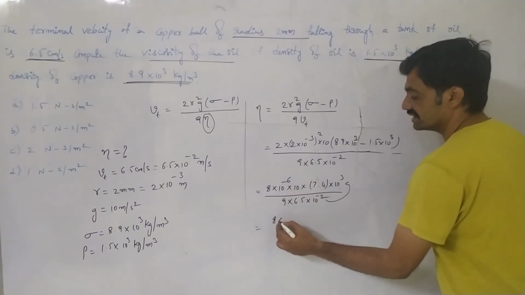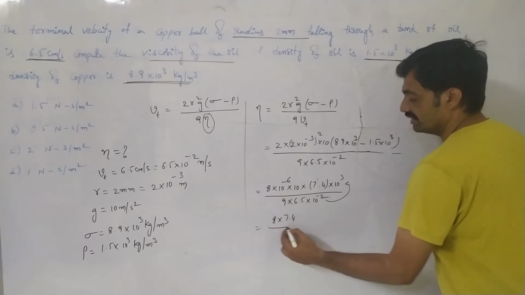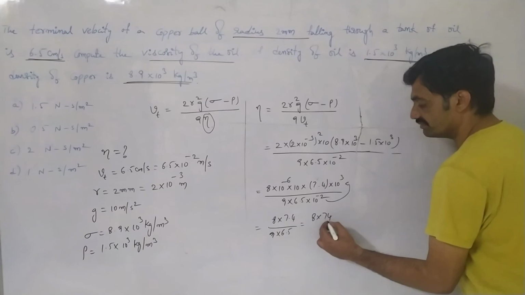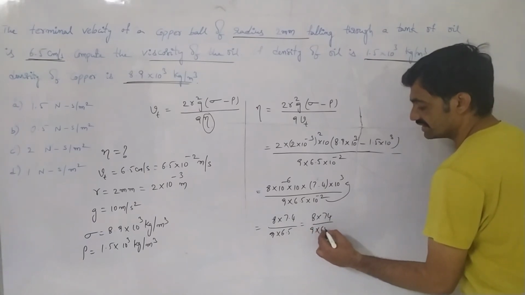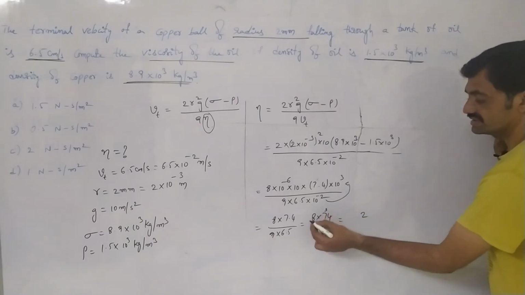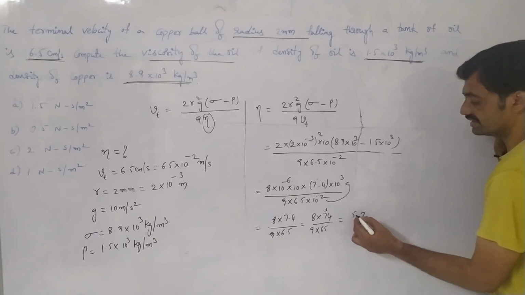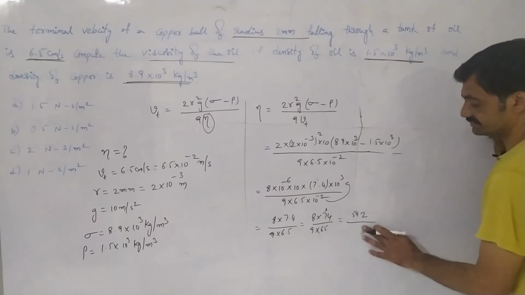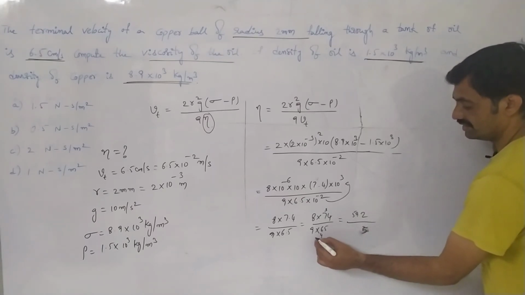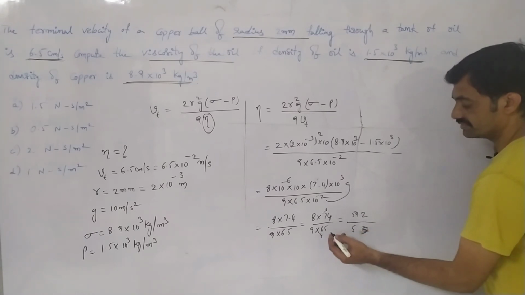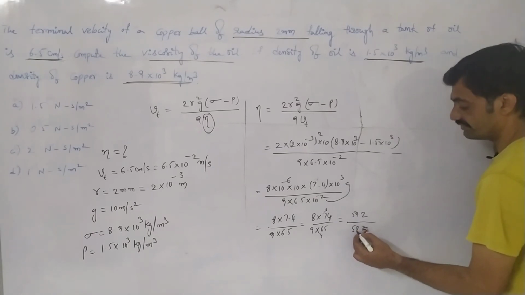The remaining quantities are 8 into 7.4 by 9 into 6.5, or we can represent it as 8 into 74 by 9 into 65. 4 8s are 32, 7 8s are 56, 56 plus 3 is 59, and 9 5s are 45, 9 6s are 54, 54 plus 4 is 58.